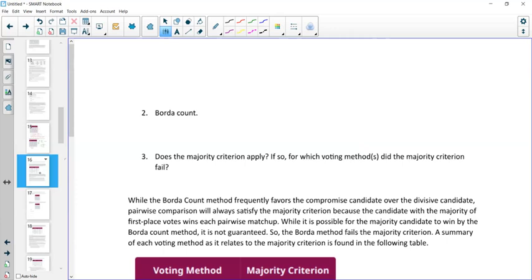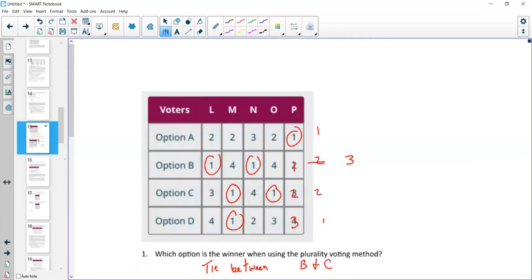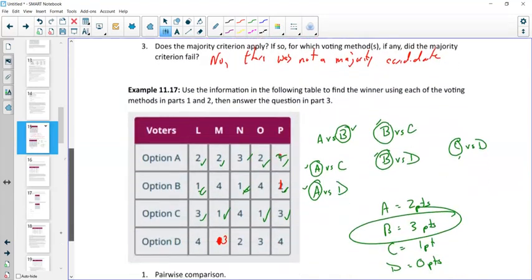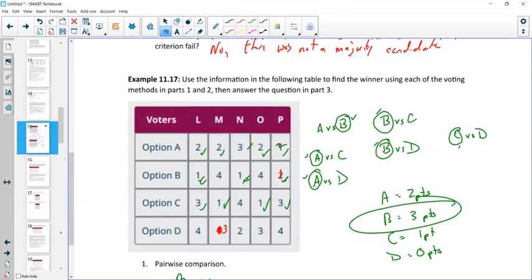Next, it says the Borda count. So let's go back here. If they come in last place, they get no points. Third place gets 1.